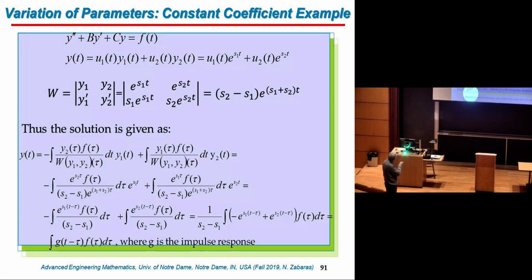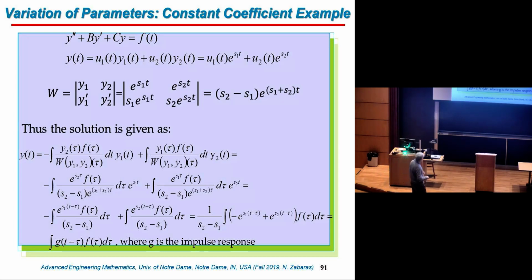And what is the impulse response? It is something you're supposed to compute in your homework problem. So if you don't get that nice answer, the impulse response being this difference of these exponentials divided by s2 minus s1, you must have some typo in your calculation, OK?